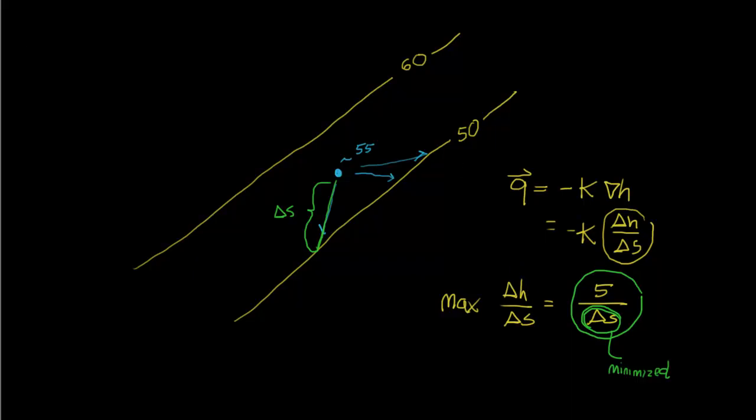And you probably know that the way to get the minimum distance between this point and the 50-foot contour line is to take the direct route which intersects the line at a right angle. So the shortest distance from a point to a line is a line that meets it in a perpendicular, 90-degree fashion. So this pink line here will be the shortest route that will get us from that point to the line.